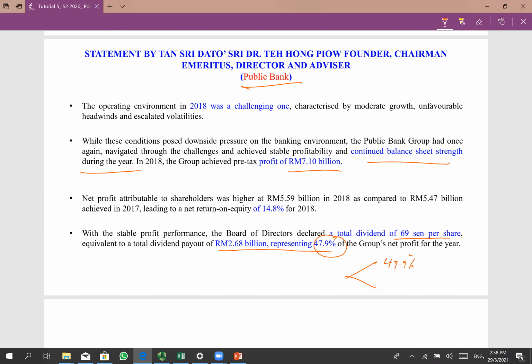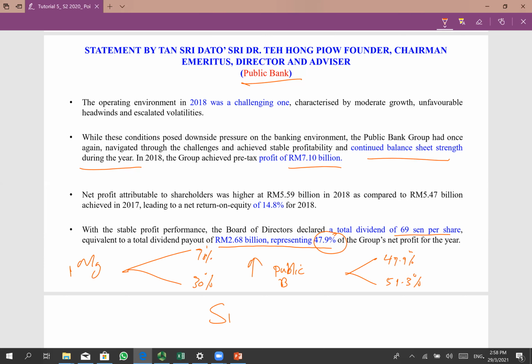Return earning is 51.3%. This is Public Bank. Maybank is saying dividends of 70%, return earning of 30%. And all of them say we are growing. All of this is called signaling theory, to reflect strength.